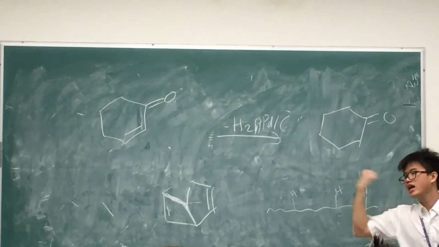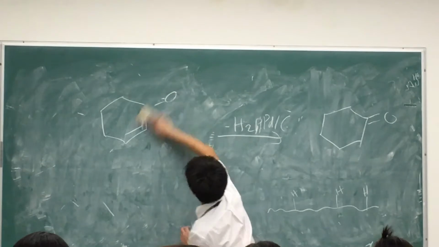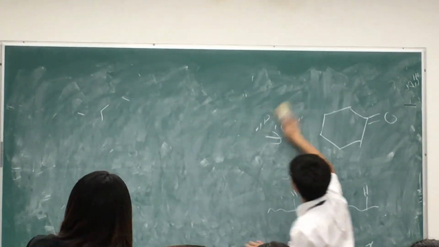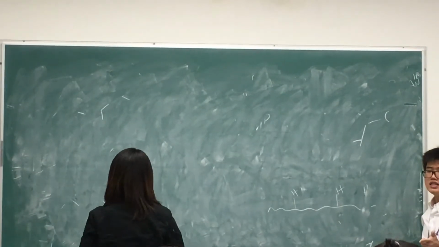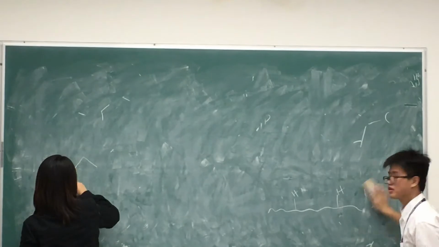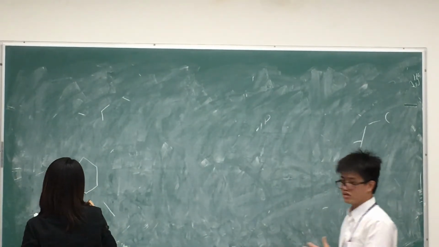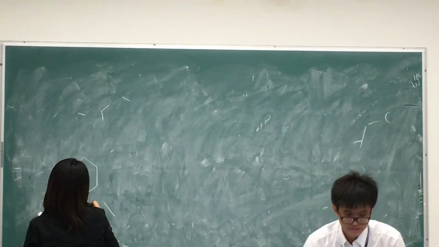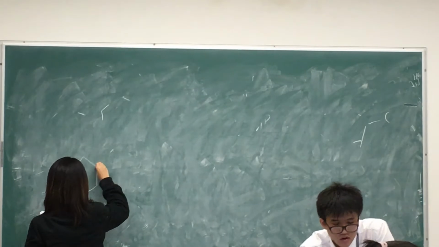Okay, next reaction. Kaka, come here. Draw me the product. Just the product. I don't need you to redraw the question. Vivian, next question. Draw me the product. Oh my God.